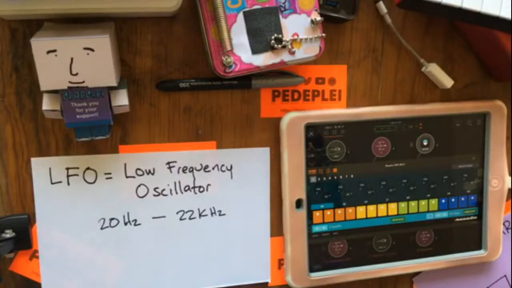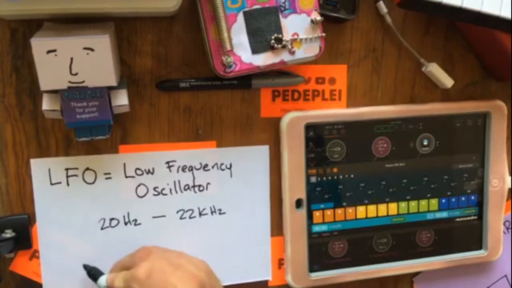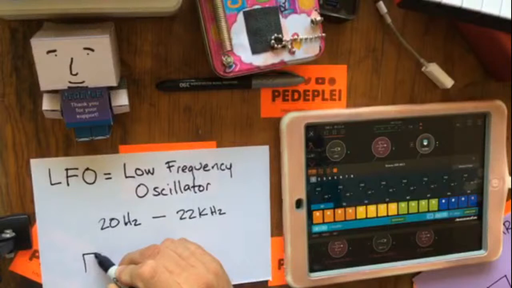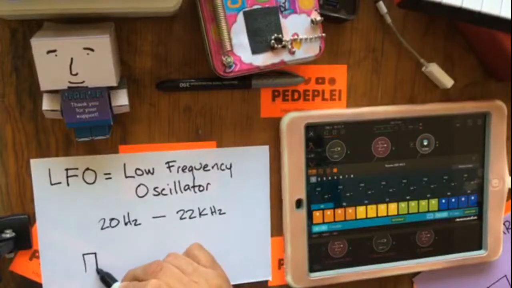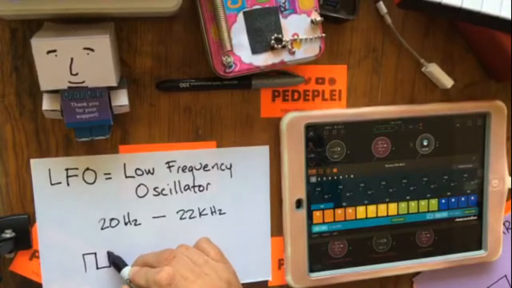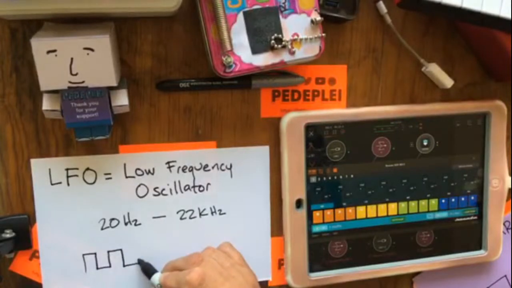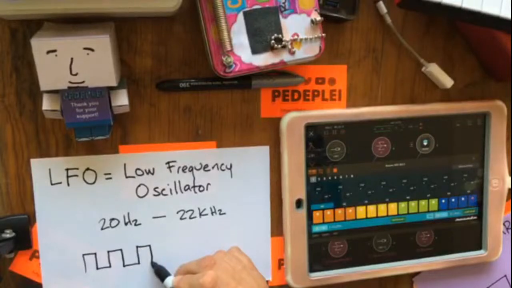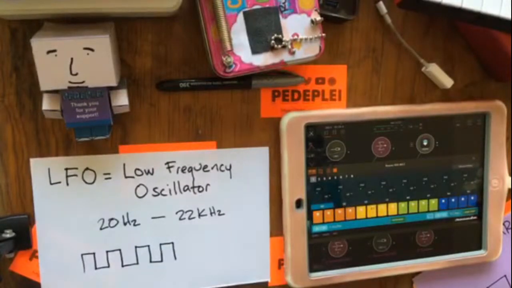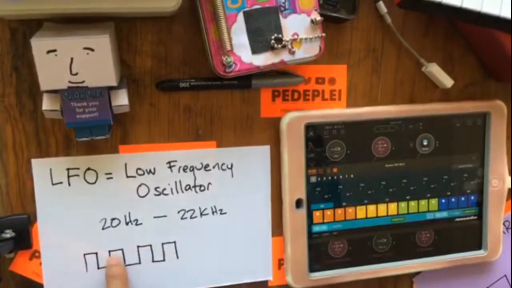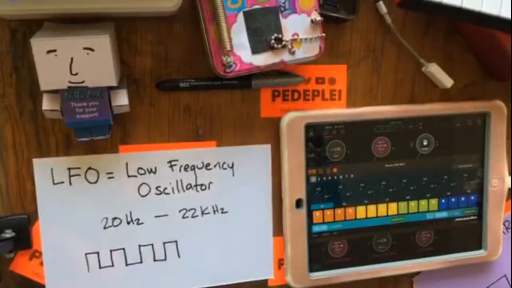This simulates a square wave, which means that voltage goes in and then it just goes down, totally stops sending voltage for a while, then sends voltage again, then stops, and like that. That is a square waveform, and each one of these would be like the kick that you're hearing.